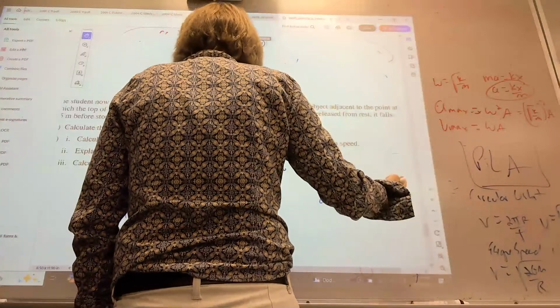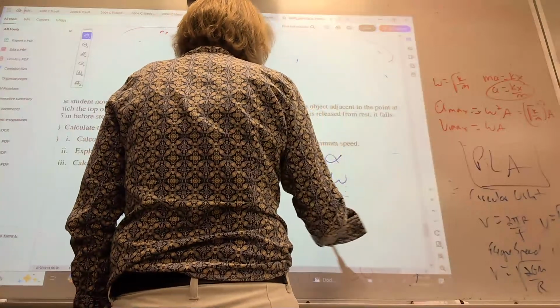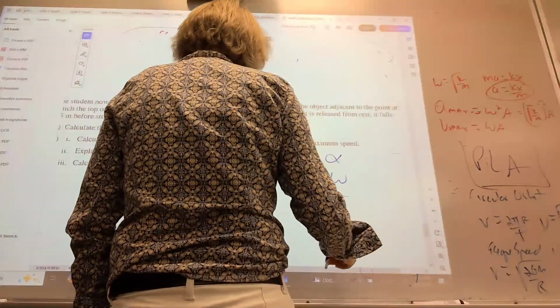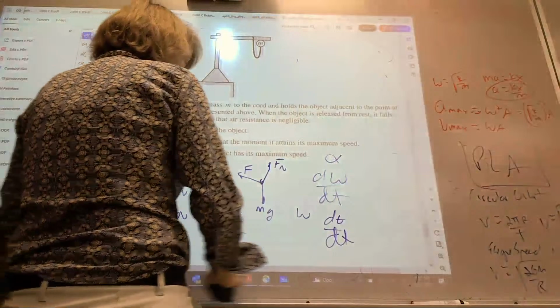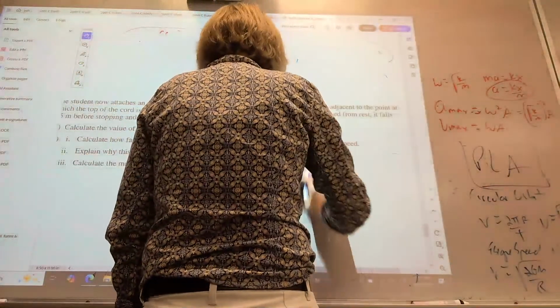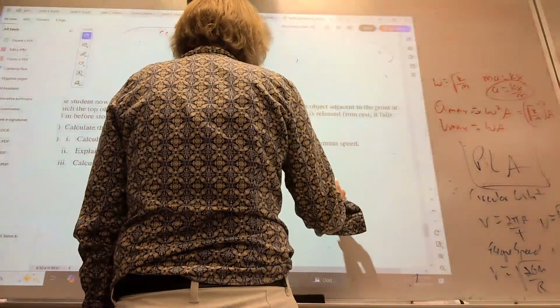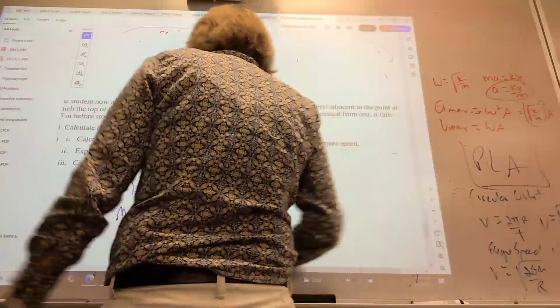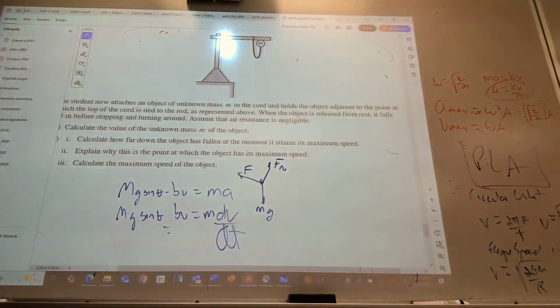There's only so many ways they can do it. If they had one for omega, you'd put in d theta dt. If they wanted you to write a differential equation to solve for x, and they had an equation in b, that would be dx dt. There's only so many choices, but this is the one they've picked almost all the time.